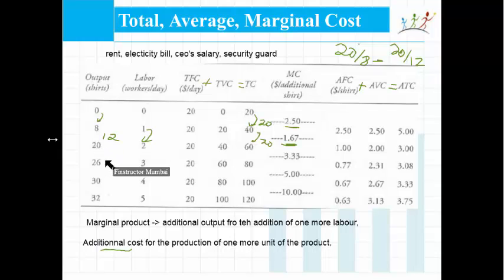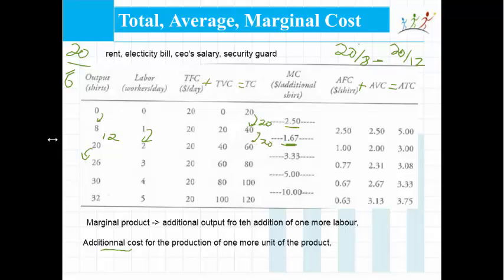If he only gives me 6 additional units and I still have to pay him $20 more because each worker comes for $20 a day, my total cost would now be 20 of fixed plus 3 into 20, 60 of variable, a total of $80. So I have to spend $20 more for how many additional shirts? I still spend $20 more for only 6 more shirts.